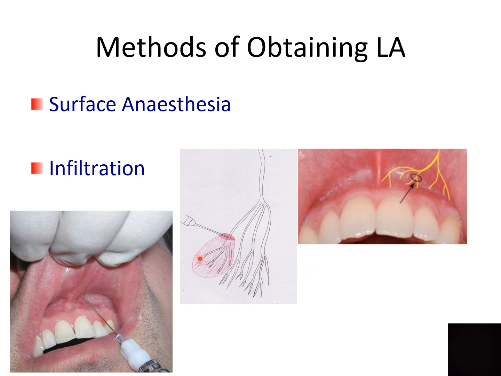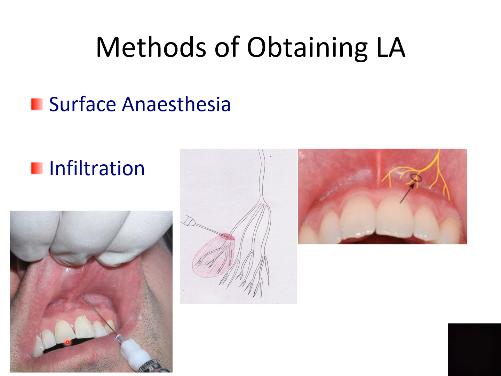Obviously, the area anesthetized by infiltration anesthesia is quite small, but the technique is quite simple and straightforward, and even as a beginner, you would be able to demonstrate over 95% success rate with infiltration anesthesia.